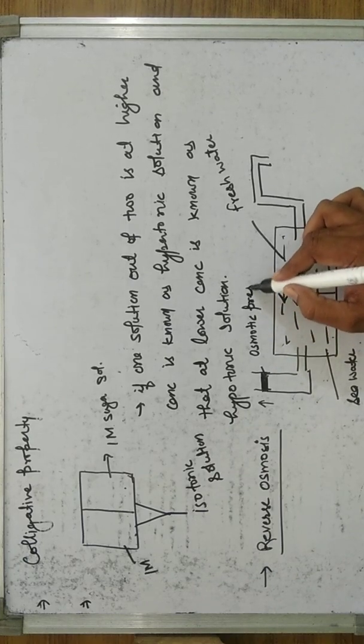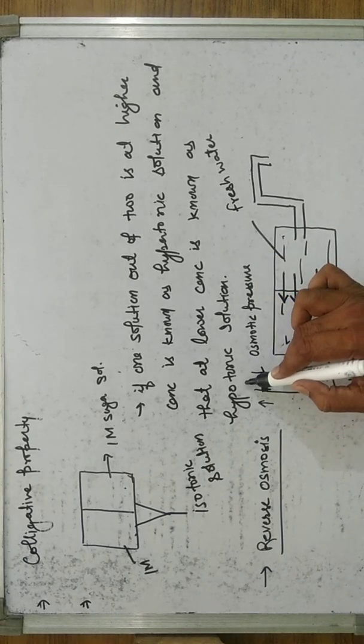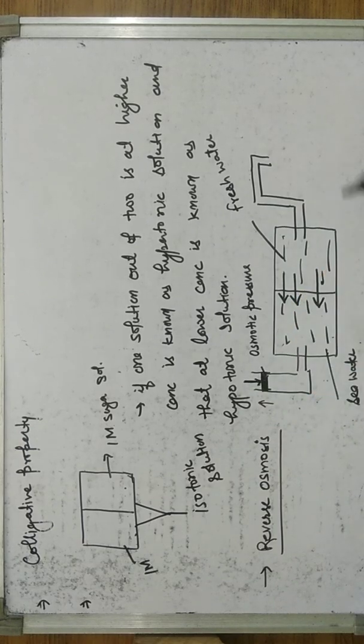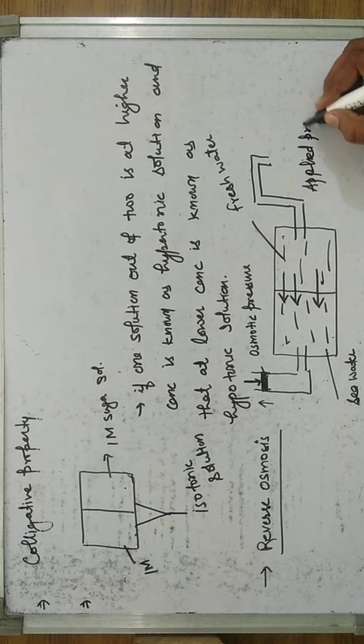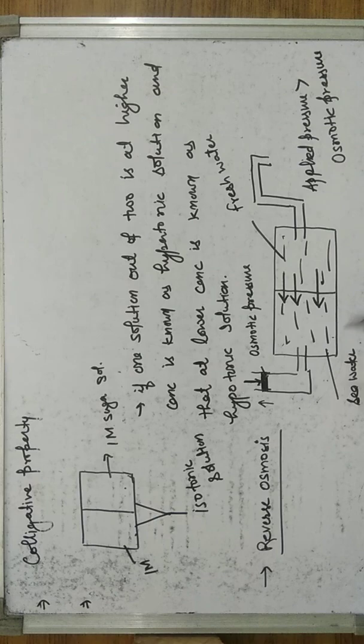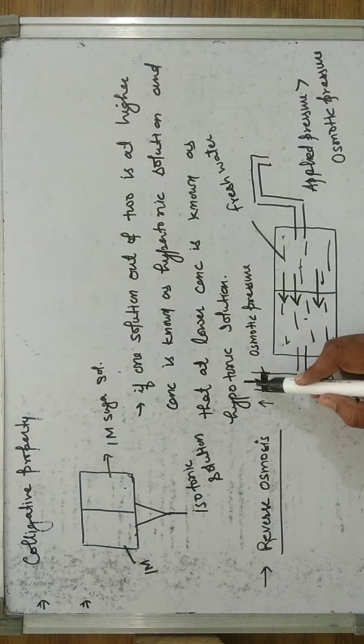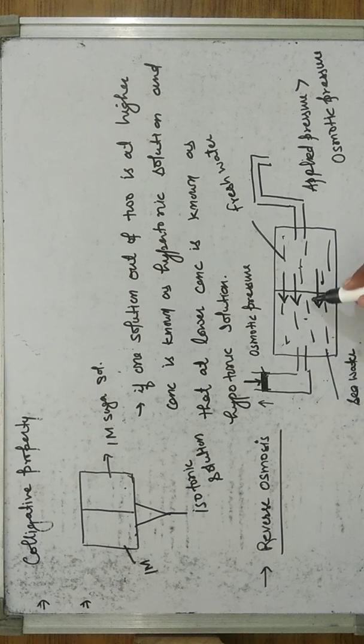If we apply a pressure greater than osmotic pressure, what happens? The osmotic pressure stops the entry of solvent from solvent to solution. If we apply pressure greater than osmotic pressure, there is a reverse movement of water from seawater to the fresh water. It means more and more seawater changes to the fresh water.